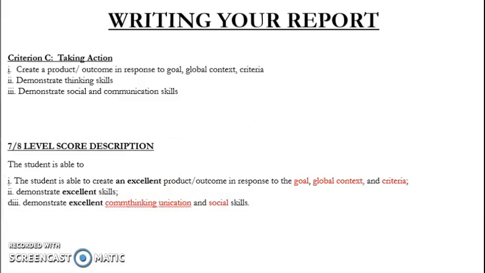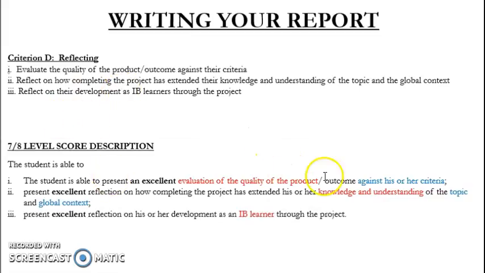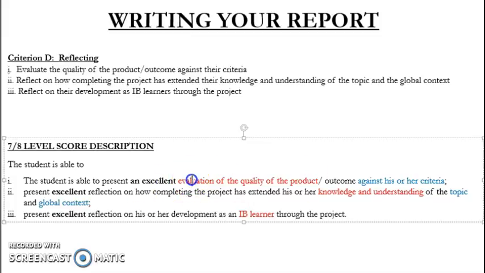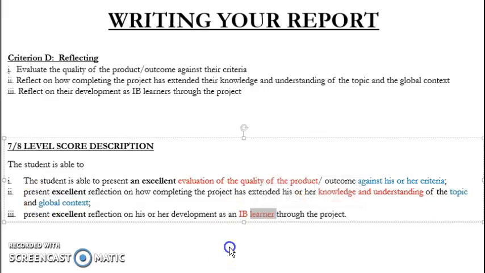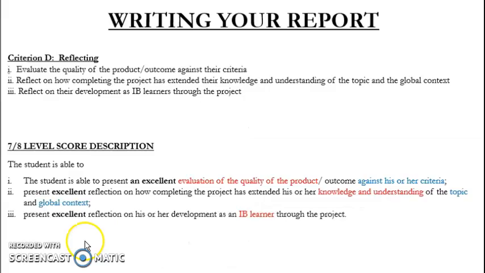And then also in criterion D, you're going to be reflecting and make sure that you address each component. I have those divided out here with the evaluation of your product against your criteria, knowledge and understanding of the topic and the global context, and referencing as an IB learner. I'm going to have one more screencast to wrap this up.